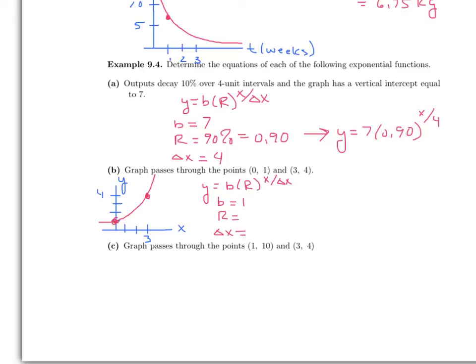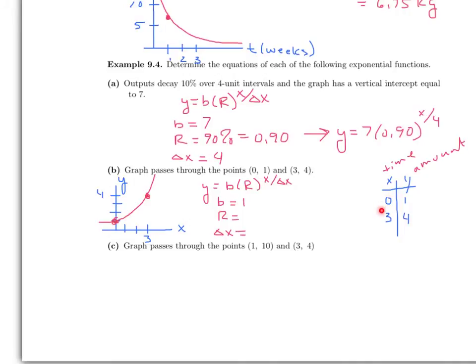To this end, let's make a table of input-output pairs. We know one input-output pair is (0, 1), and another input-output pair is (3, 4). You can think of x as representing time, and you can think of y as representing some amount, maybe some population level or some amount of substance.